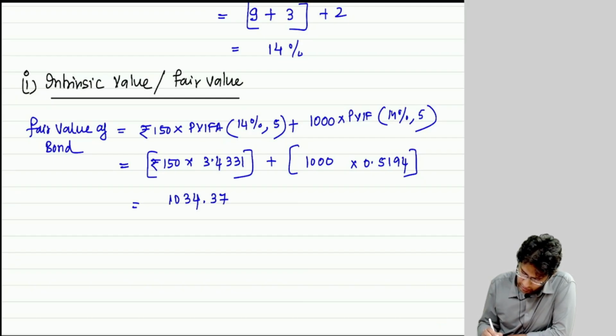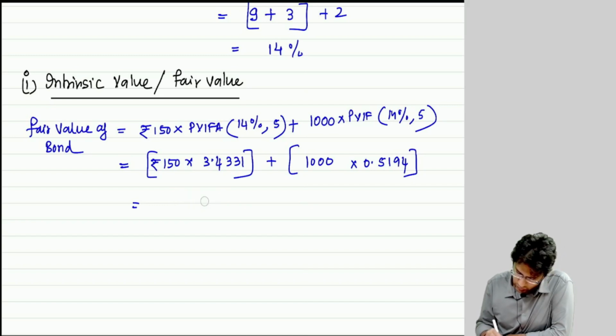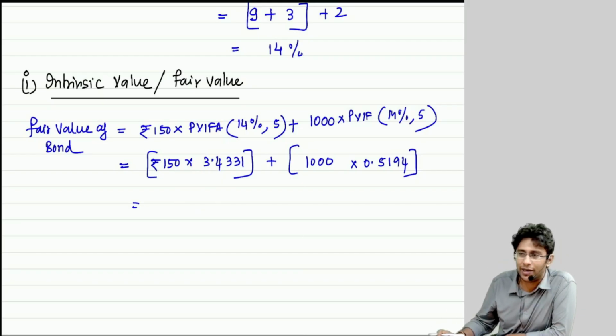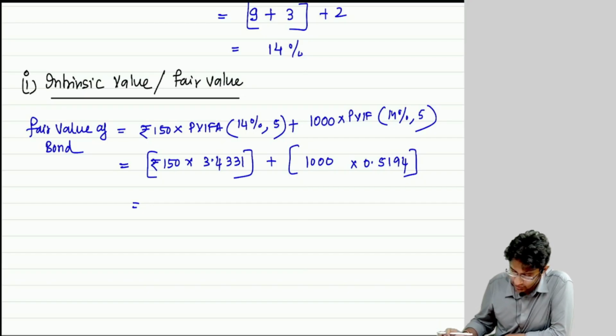You got 1034.37. Second one is 0.5194. You multiplied with the entire thing on the calculator. Don't do that. Why write then? You write something, it should match with your own answer, no?